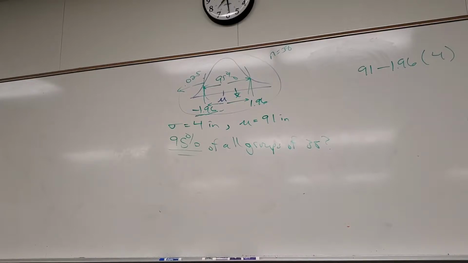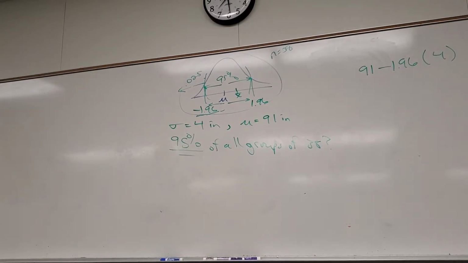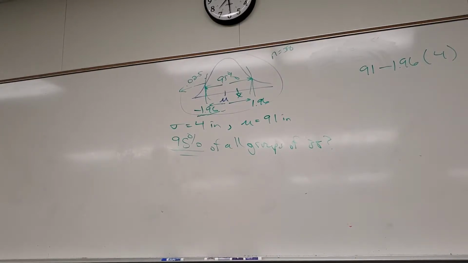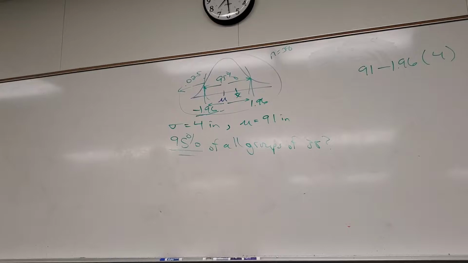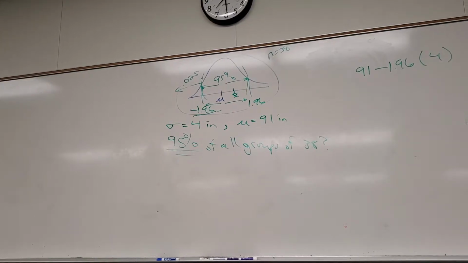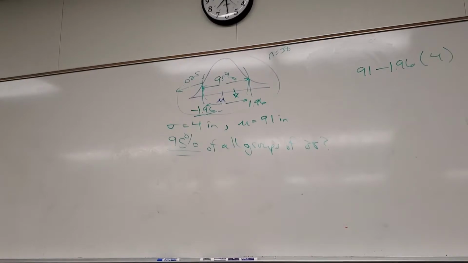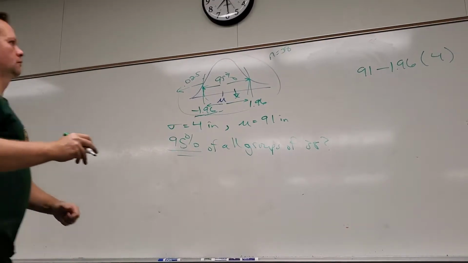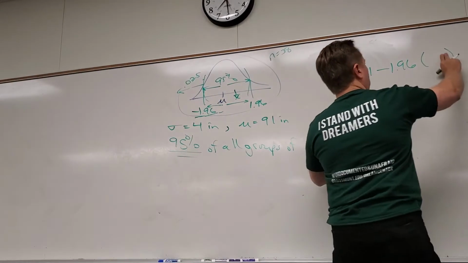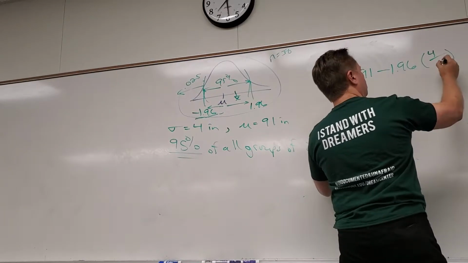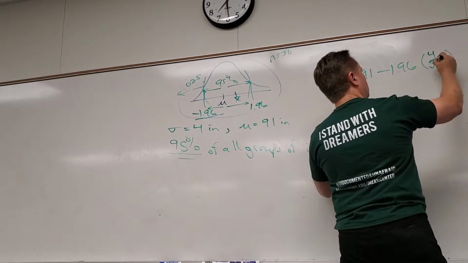I mean, what is it that I'm talking about? Am I talking about one dolphin? I'm talking about how many dolphins? 38. So what's wrong? What's wrong with 4? I should have done what to it? I should have divided 4 by square root of 38.